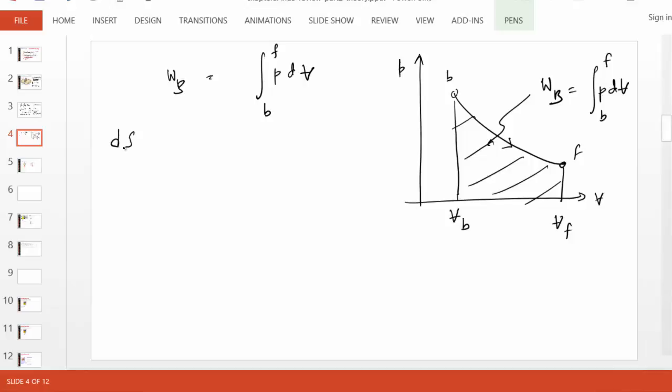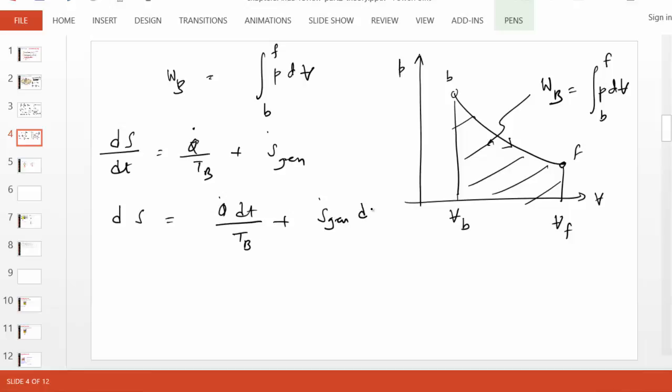Now, how does the entropy equation simplify? If you recall, this is the entropy equation for any unsteady closed process. Again, we multiplied by dt, getting rid of the time rate term.